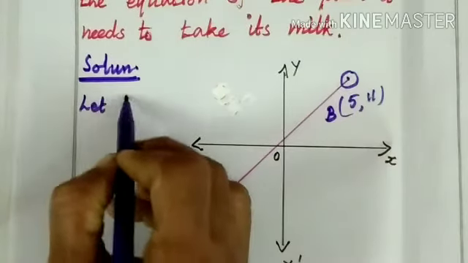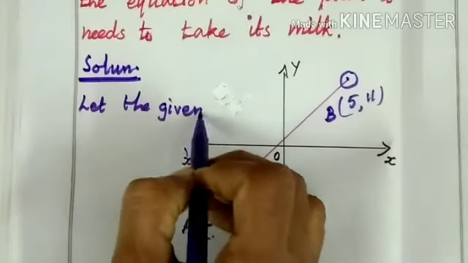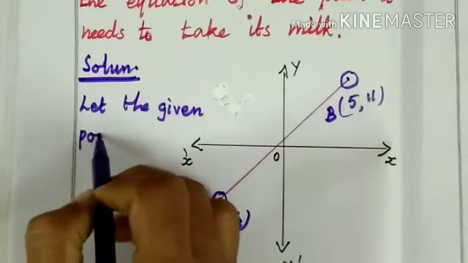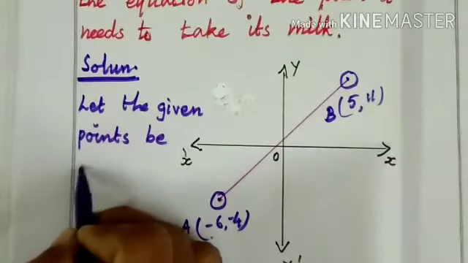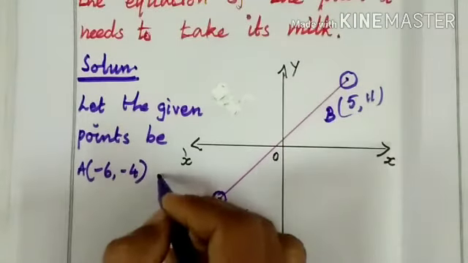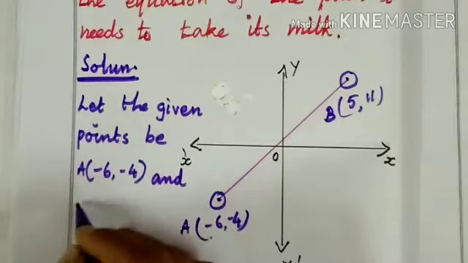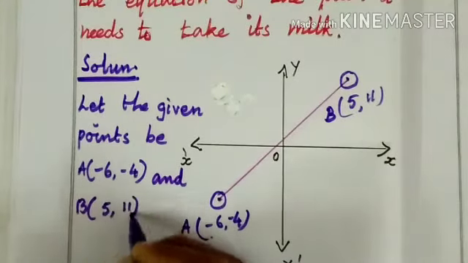Let the given points be A minus 6 comma minus 4 and B 5 comma 11.